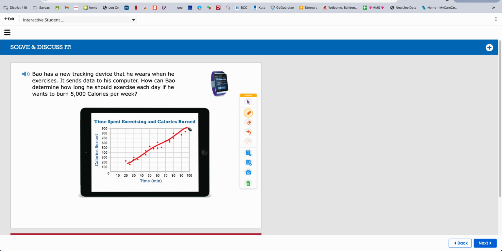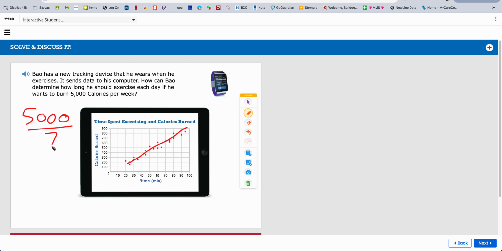When I think about it, he wants to burn 5,000 calories per week. So how many calories would that be per day? How would I figure that out? Divide by 7. So 5,000 divided by 7. That'd be like 600.